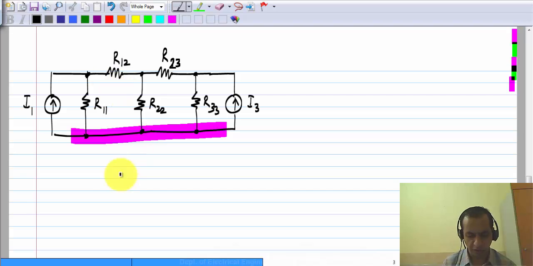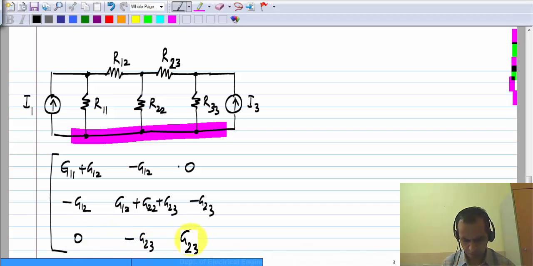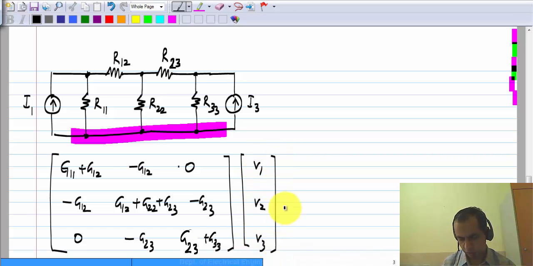We also have the nodal equation set up for this, times V1, V2, V3 equals I1, 0, I3.